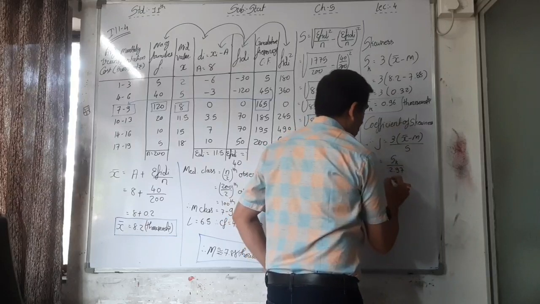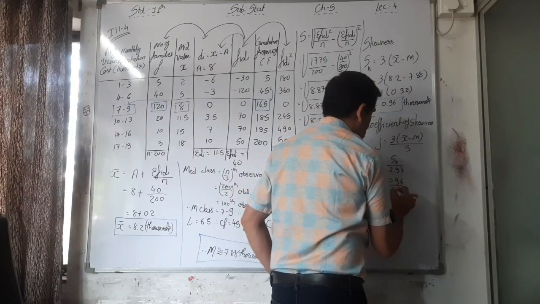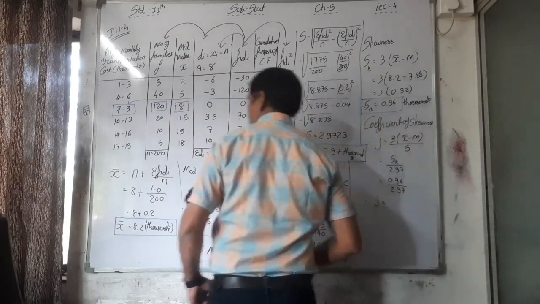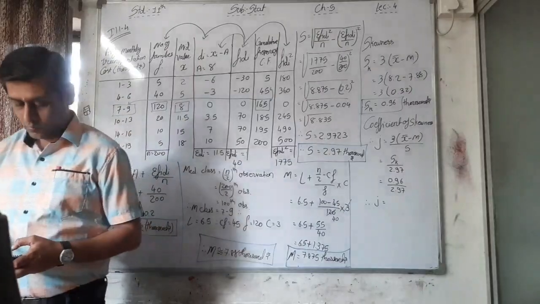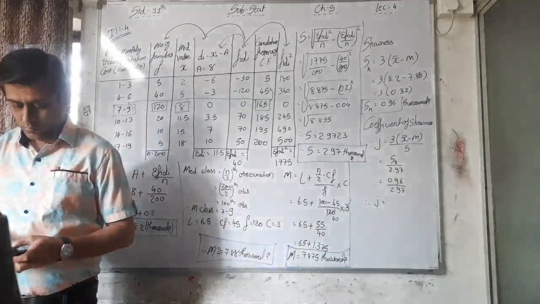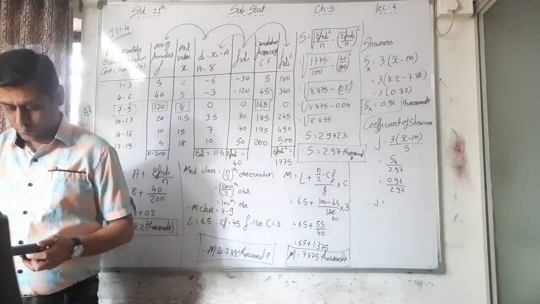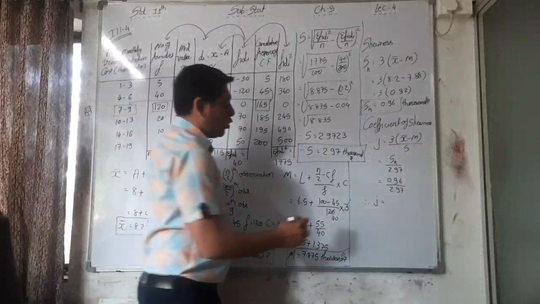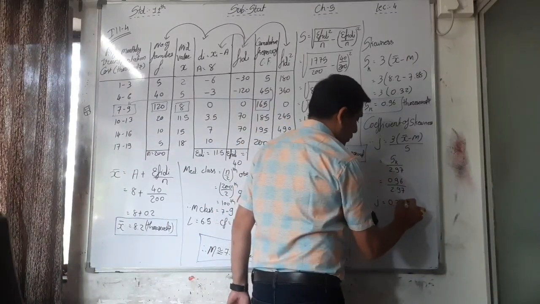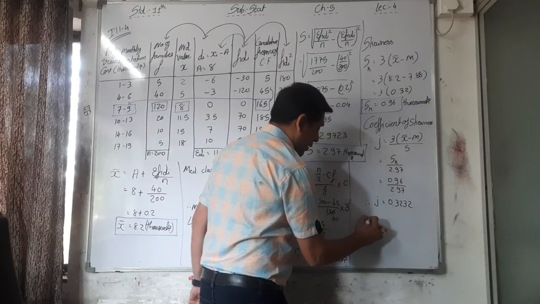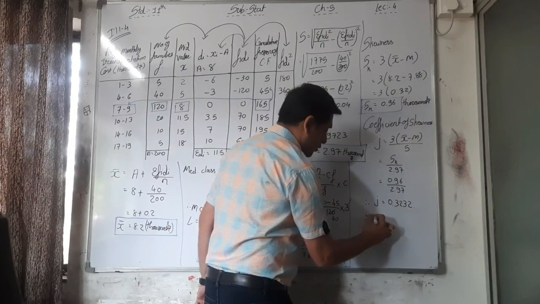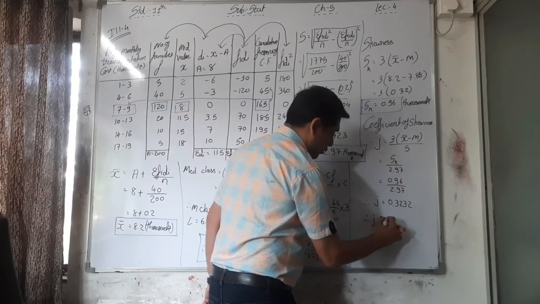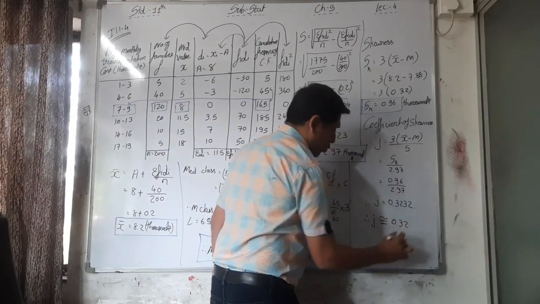So the value is 0.96 divided by 2.97. And therefore the value of J is equal to 0.3232, or approximately J is equal to 0.32.